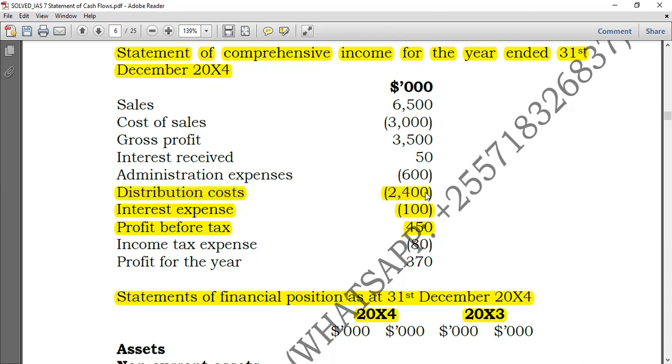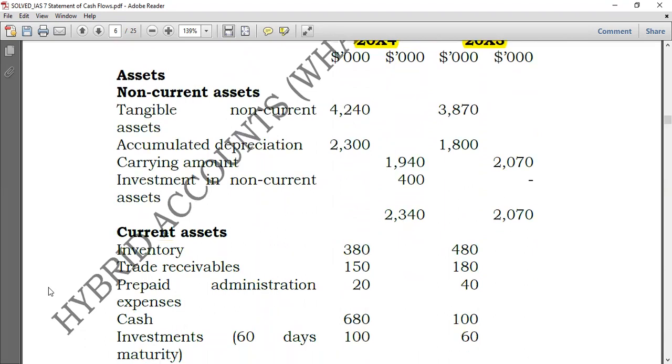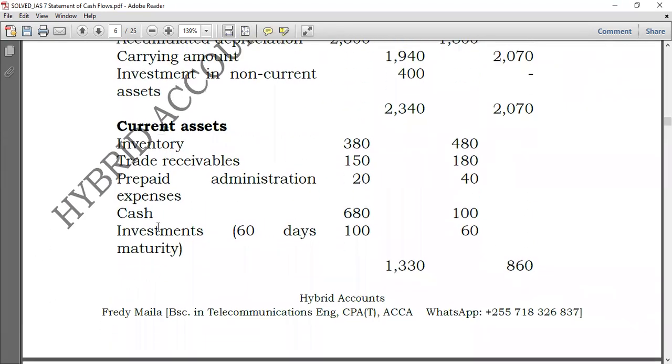So I highlight it here and go to the statement of financial position to find whether I have distribution costs. These operating expenses could have been prepaid or could have been accrued. So you could find them under prepaid expenses or accrued expenses. So let's go and find out. Just come here to current assets, there is prepaid administration expenses.